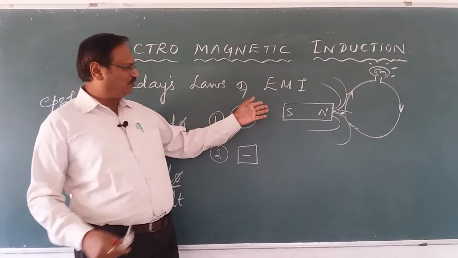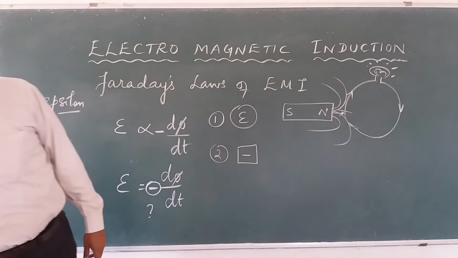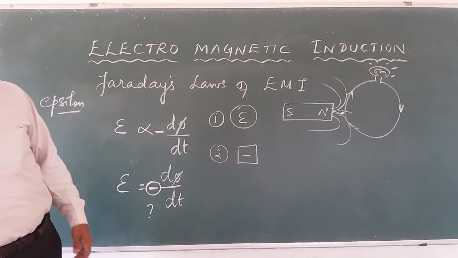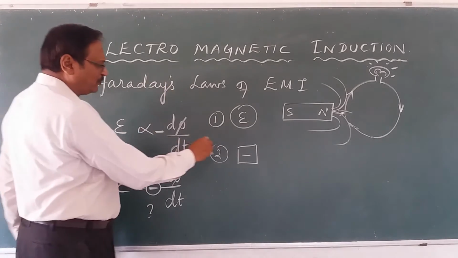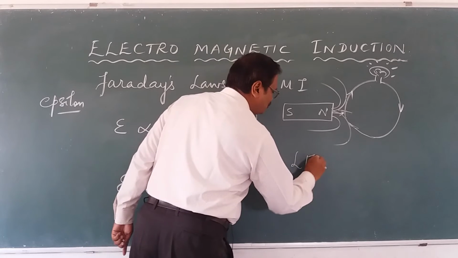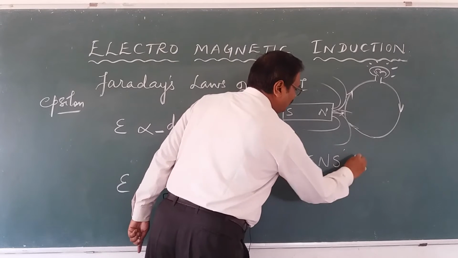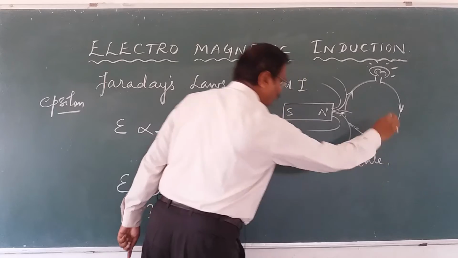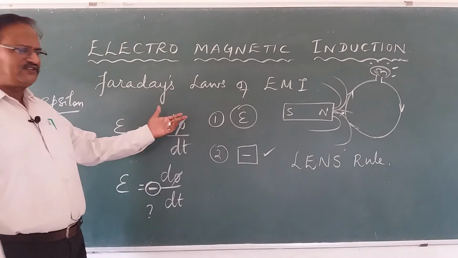So let us move on to Faraday's laws of electromagnetic induction. That is why there is a negative sign, and this is called Lenz rule. These are the two laws basically.